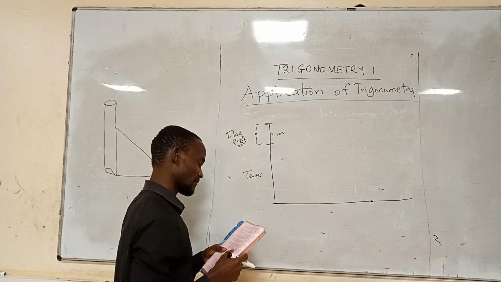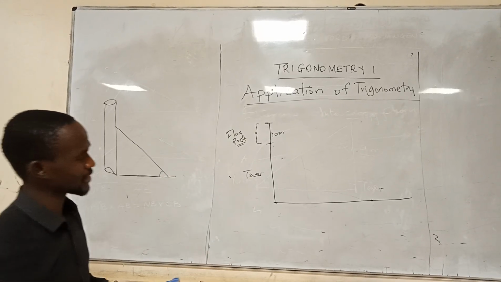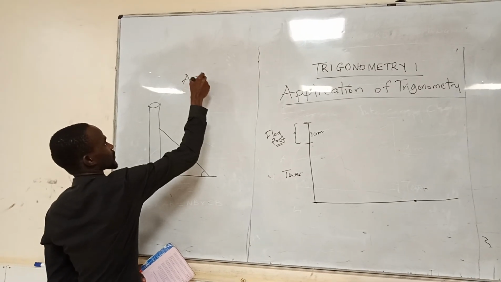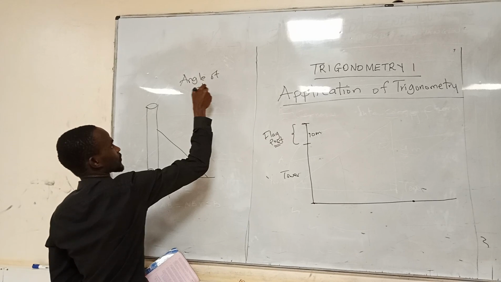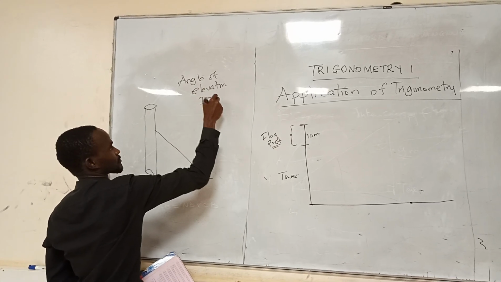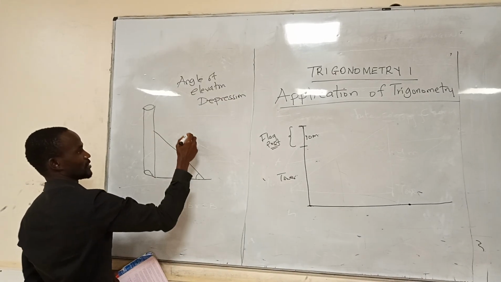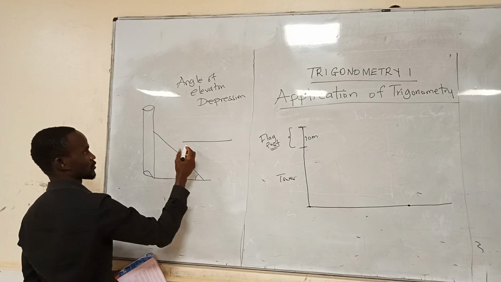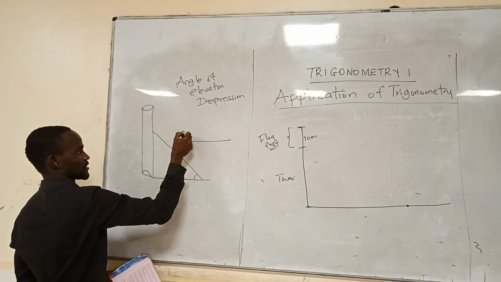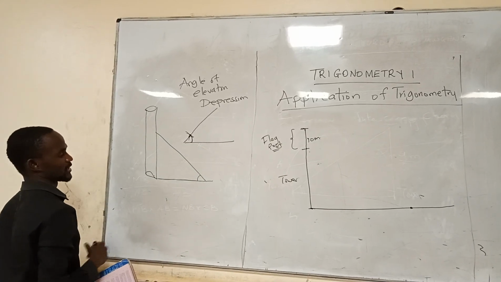the angles of elevation of the top. From form one, we talked about angle of elevation and angle of depression. So if, for example, this is the horizontal ground and you elevate yourself in that particular direction, that will be the angle of elevation.